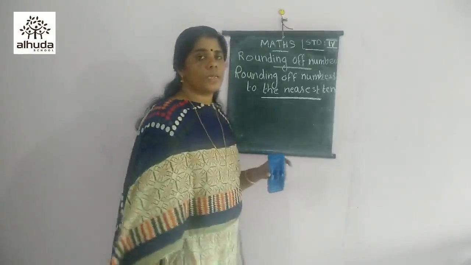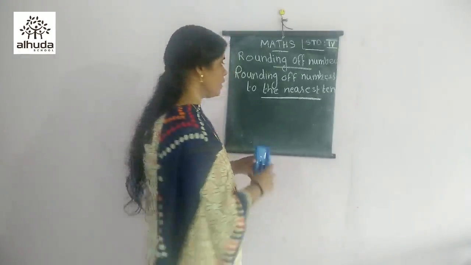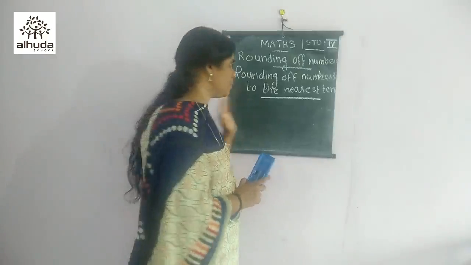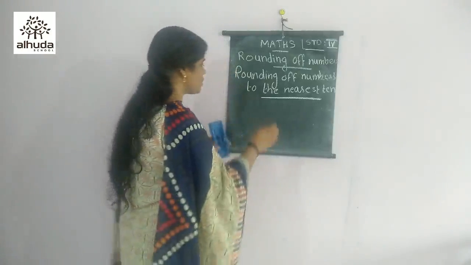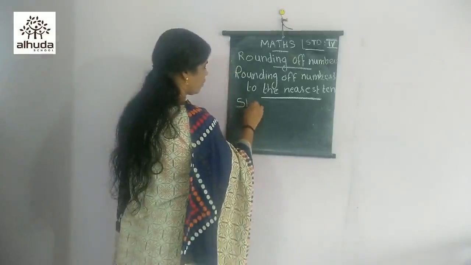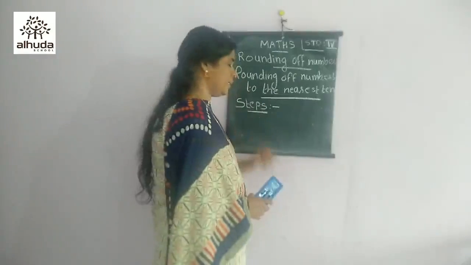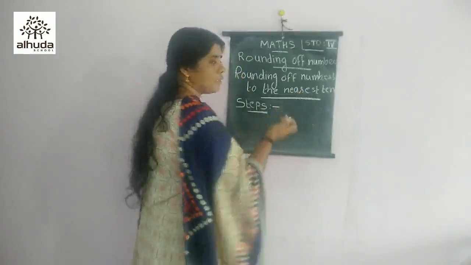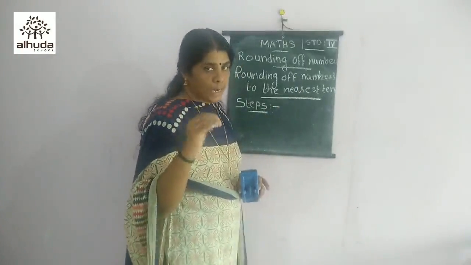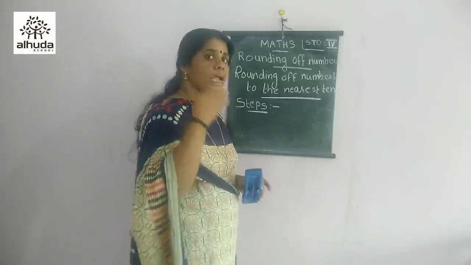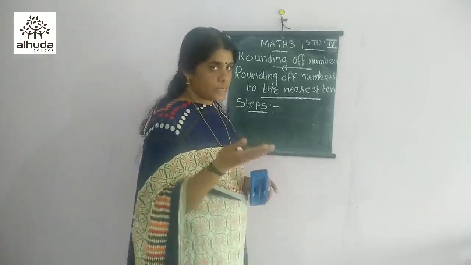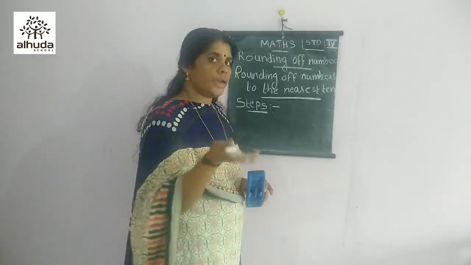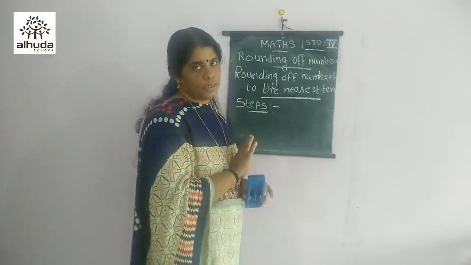For that, some rules are there. What are the steps? If the digit in one's place in a number is less than 5, then we replace that digit by 0 and retain the other digits.